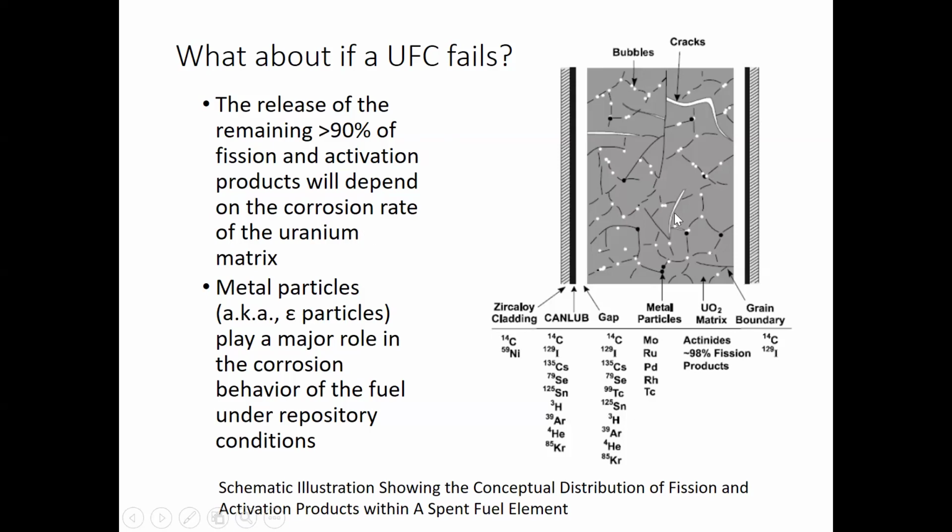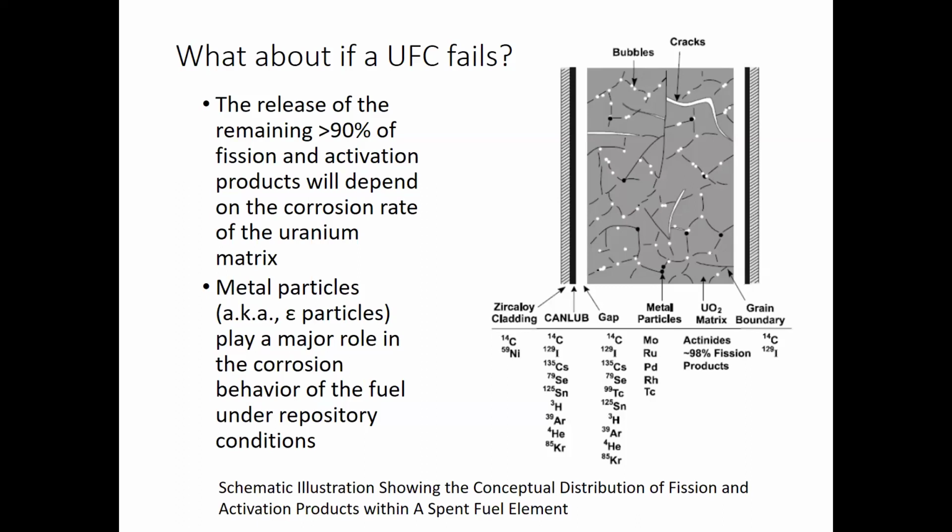One of the big reasons for this is that most of those fission products, and actinides like 98%, are actually contained in some way within the matrix of the fuel itself. It's other oxides that are built up within that matrix, mixed in with it. They could not necessarily be within the UO2 itself, but could be within their own oxide form. But it's baked into that actual matrix as it's being formed.